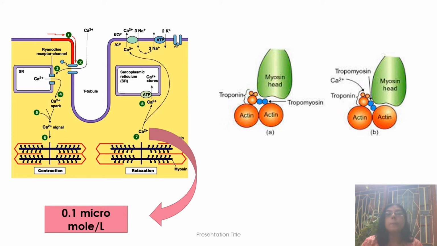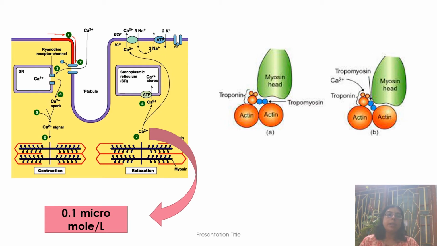Okay, so there will be detachment of the troponin C from the calcium, and the tropomyosin will cover the myosin binding sites on the actin, and there will be relaxation. So this is the first site where the ATP is required. Required where? First is the breakage of the bond between the myosin and the actin.